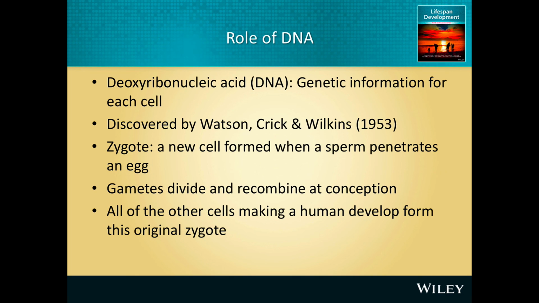These cells then make copies of themselves through a process of meiosis. And meiosis is this process where the cells, or the gametes, divide and recombine into a zygote at conception. All other cells that make up a unique human being will develop from this original zygote through divisions of their genes, chromosomes, and other cellular parts through a process of mitosis.